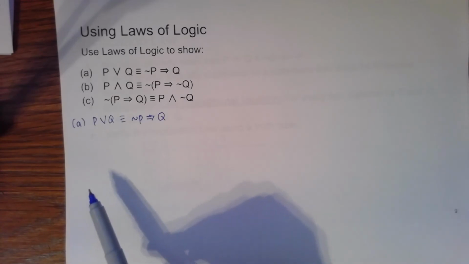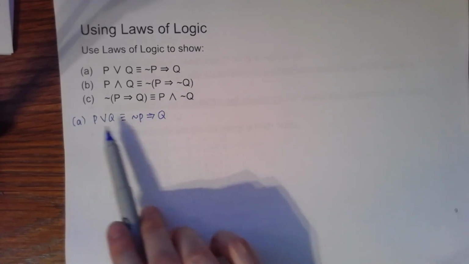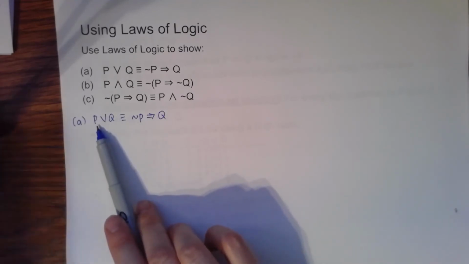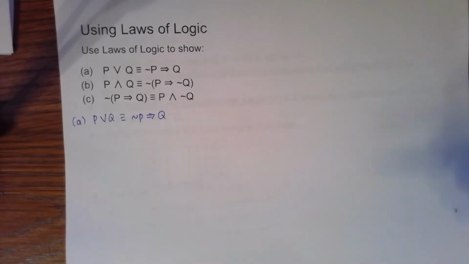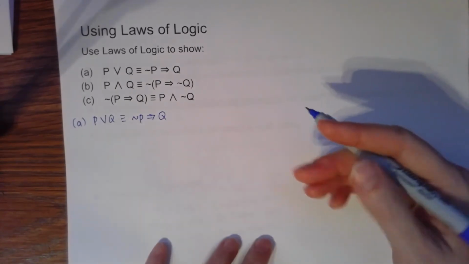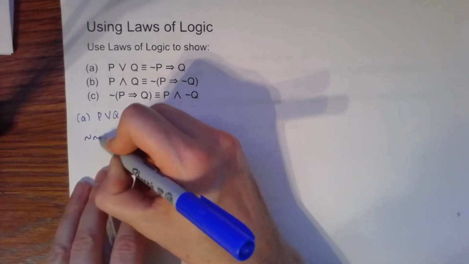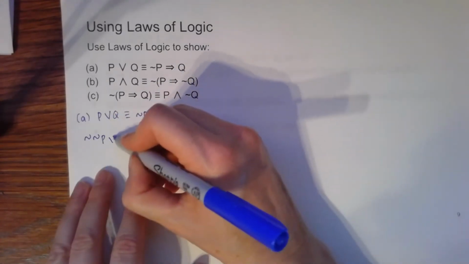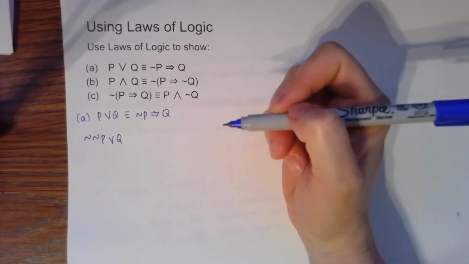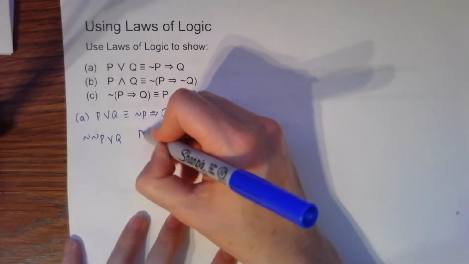One thing I notice is that this P has a negation in front of it, and this P does not. So how could I introduce a negation? Well, if I want to add some negations, I could use the double negation law and replace this P with not not P. That would be a good place to start, so that would be by double negation.